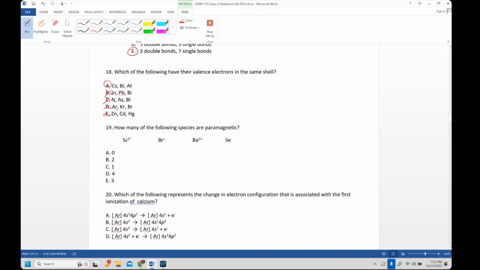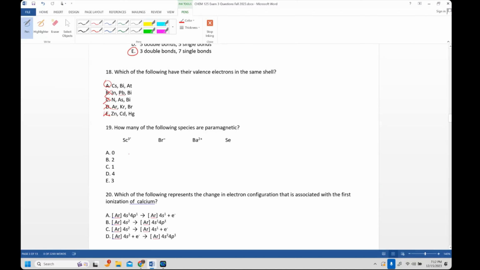All right, so how many of the following species are paramagnetic? This might take a little bit. So scandium, Sc, is right next to calcium.